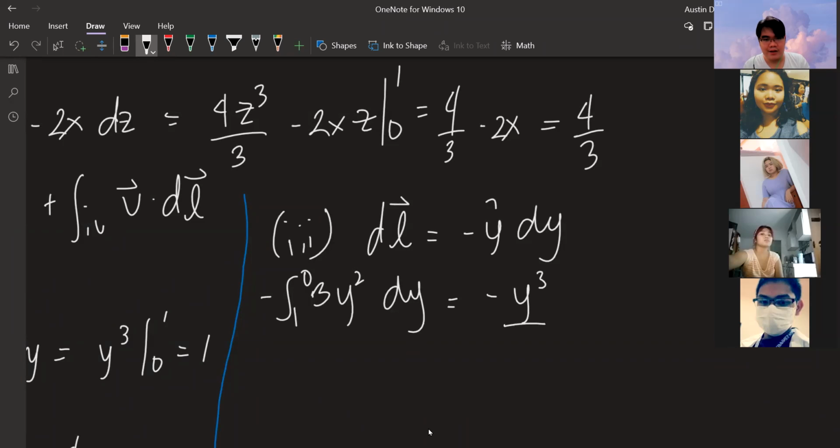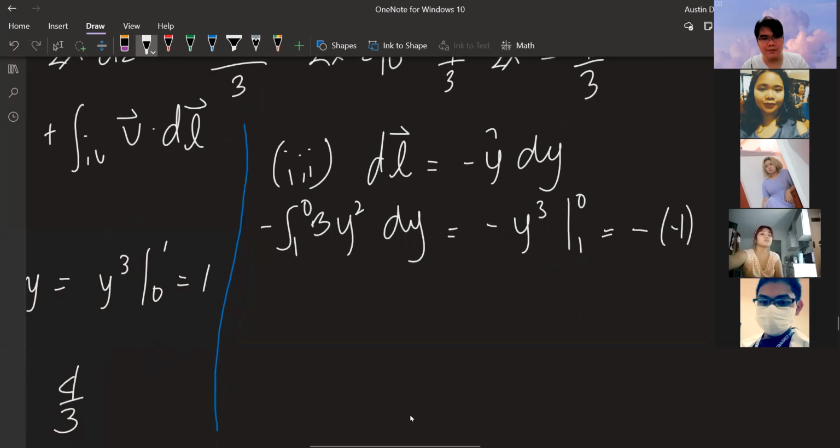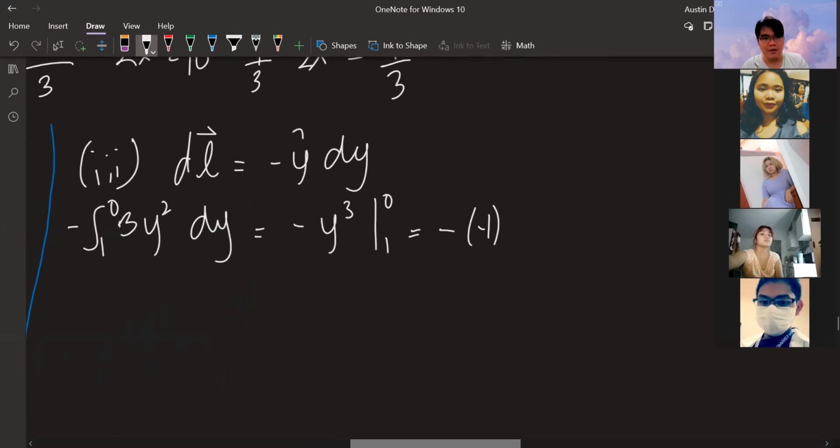Evaluate, wala na palang over 3 kasi na-cancel na over 3. Evaluated from 0 to 1. So, evaluate natin to. This gives me negative minus 1. So, that is just 1.